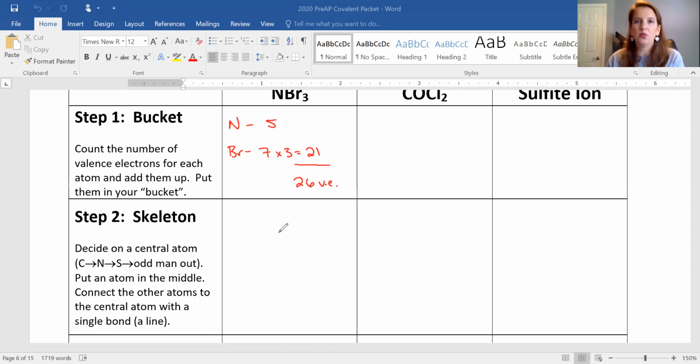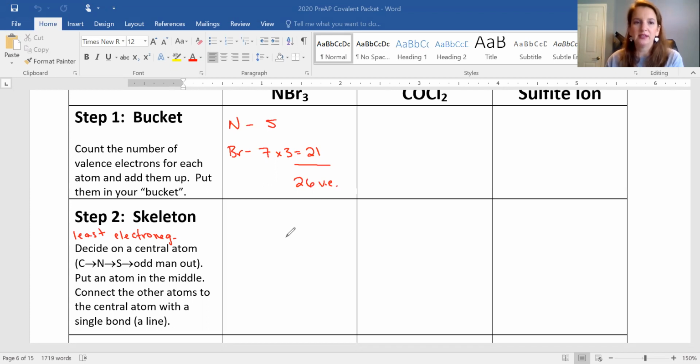Step 2 is the skeleton. You need to figure out which element goes in the center. If you have a carbon, that should always go in the middle. Typically, you can go by the rule that whichever one is least electronegative can go in the middle, except for hydrogen. Hydrogen will never, ever go in the middle because hydrogen, being in the first energy level, can only form one bond.